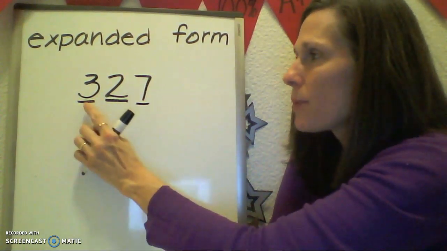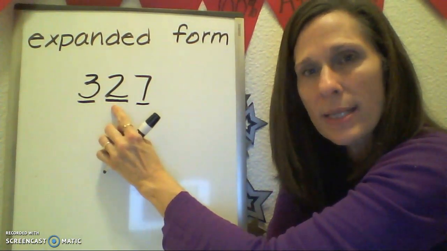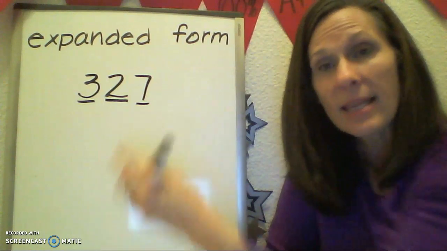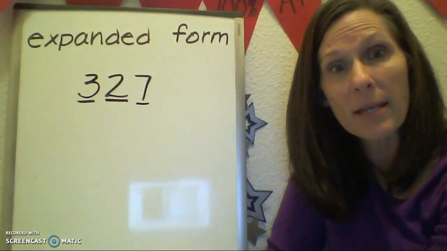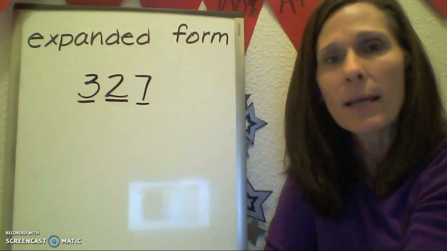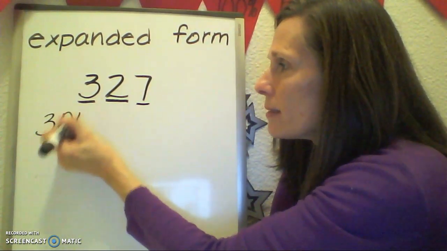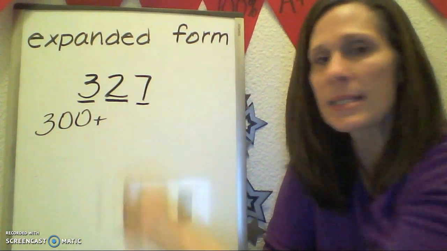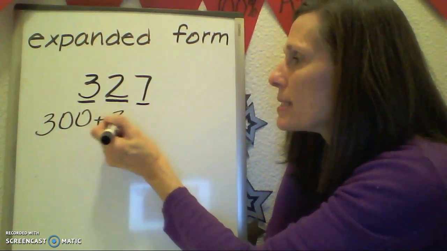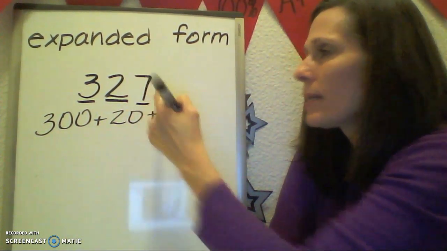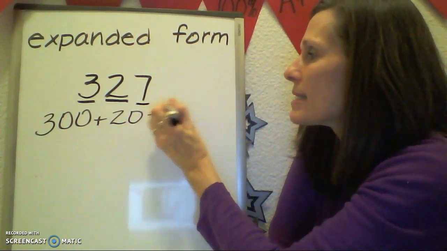So when I say the number 327, that makes it real easy for writing in expanded form. The 3 in the hundreds place really means 300, right? The 2 in the tens place really means 20. And the 7 in the ones place really means 7.